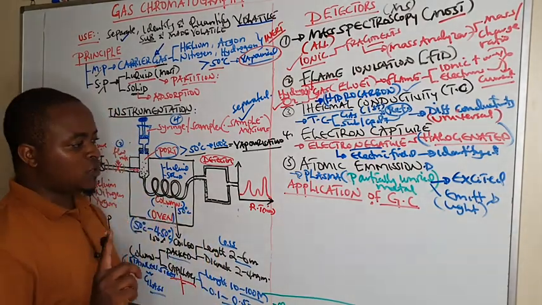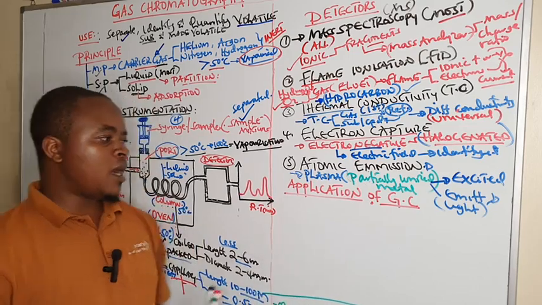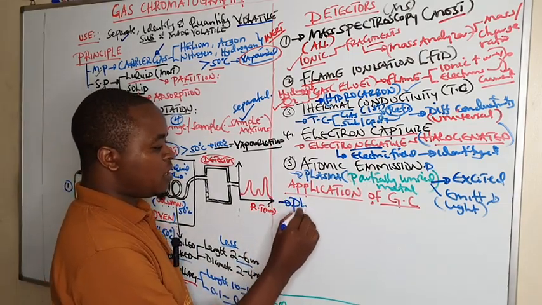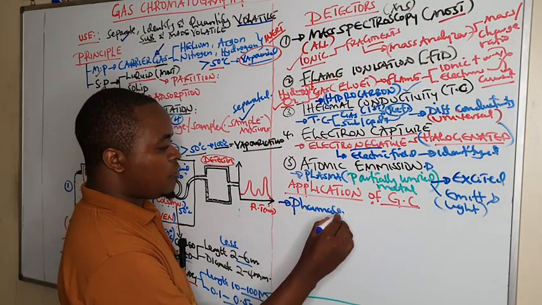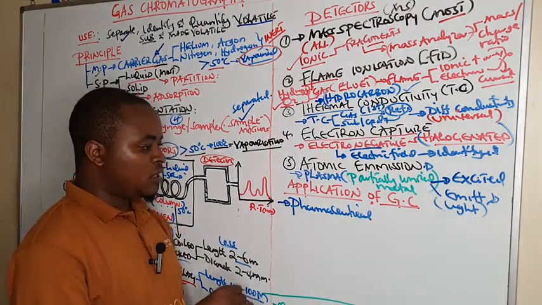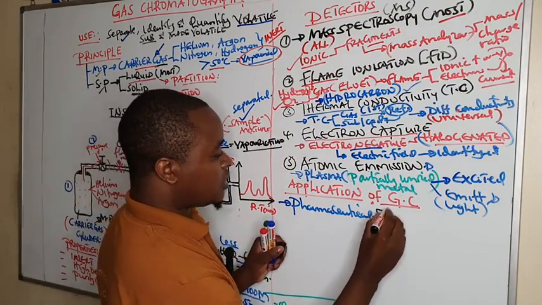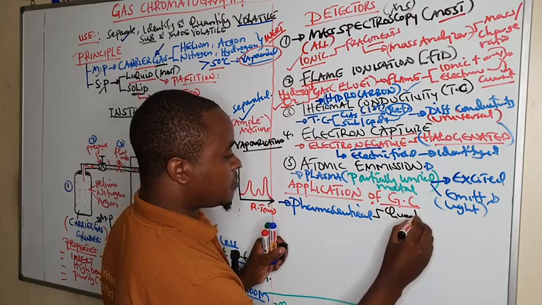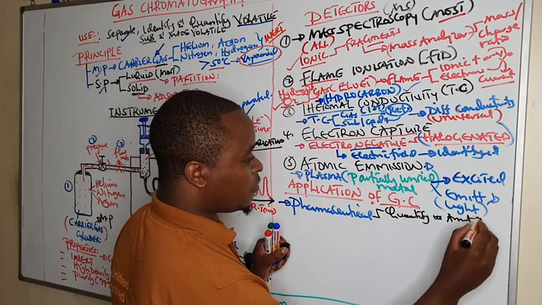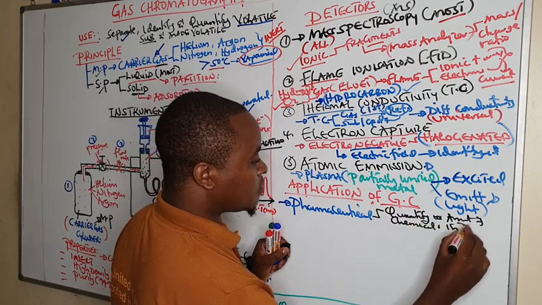So as we conclude, we are concluding by looking at application. And this gas chromatography is being applied in pharmaceutical industries, whereby within pharmaceutical industries, it is being used to quantify the chemicals within drugs. You can use it to quantify the amount of ingredients or chemicals in drugs.